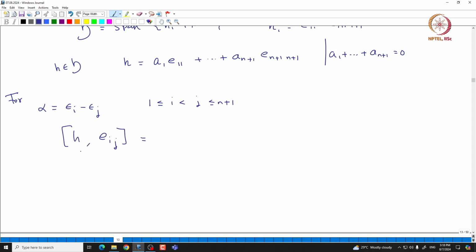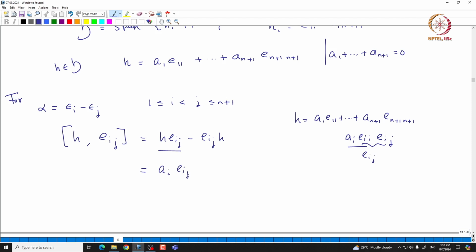If you do the computation, you can easily see that this is h E_ij minus E_ij h. Now h being the diagonal term, h is nothing but a_1 E_11 plus etcetera plus a_{n+1} E_{n+1,n+1}. You can easily see that only for this product the i-th term will survive. So this is going to give you a_i times E_ii times E_ij, which is E_ij. So this is a_i E_ij minus, for this you will get the contribution from E_jj, so you get a_j E_ij.